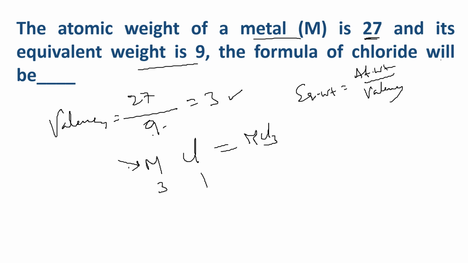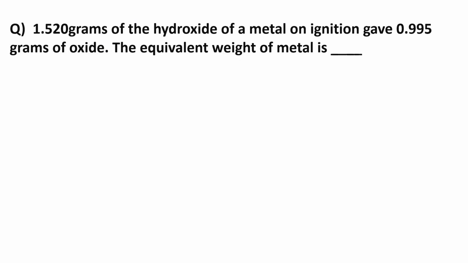Okay, next problem. 1.520 grams of the hydroxide of a metal on igniting gave 0.995 grams of the respective oxide. Calculate the equivalent weight of the metal. How are you going to calculate? Come on.